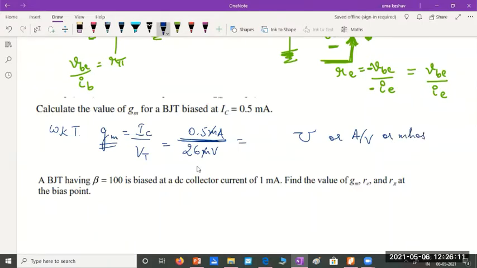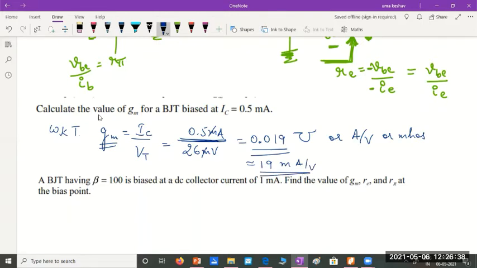How much is this? 1 by 52 or 0.5 by 26? 0.01. Next decimal? 9. Okay. Or can I write it approximately as 19? I don't know what is there after this. 19 milliampere per volt.